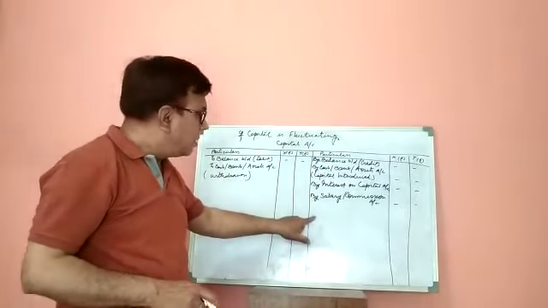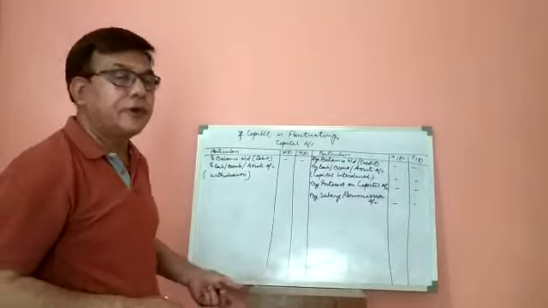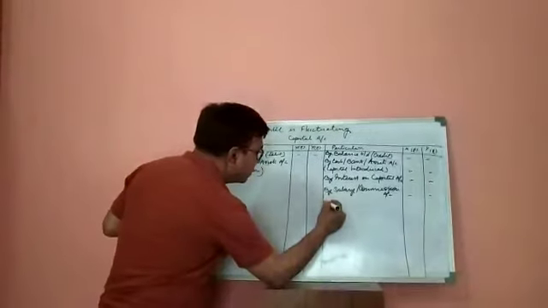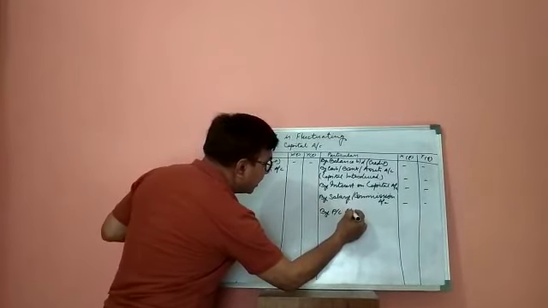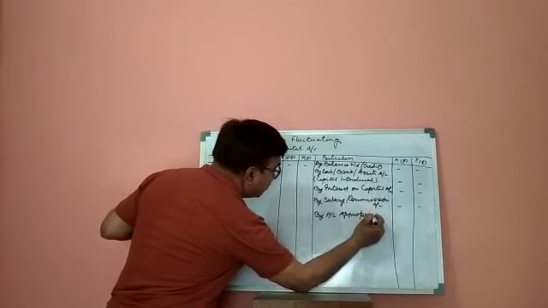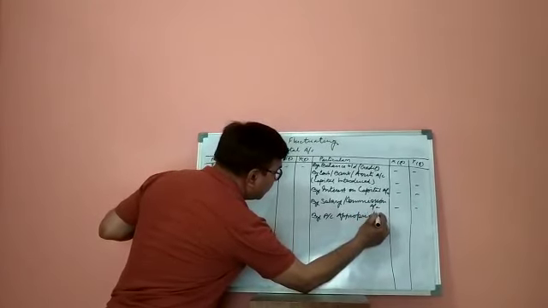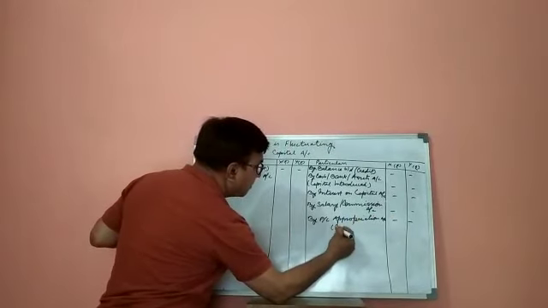Alright? Now, what else will we get? Share in the profit. By profit and loss appropriation account. Profit.